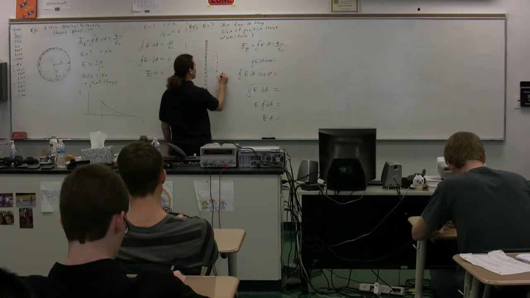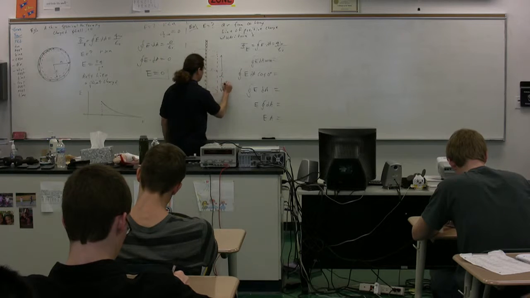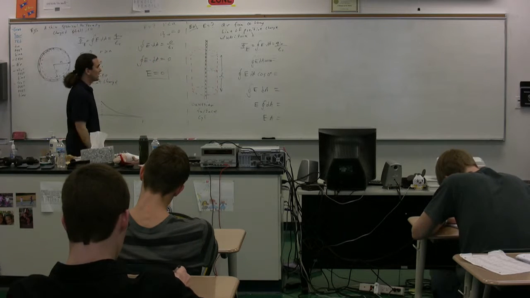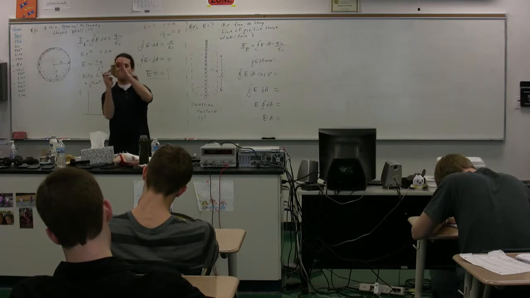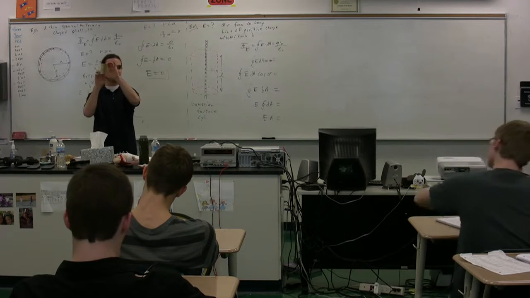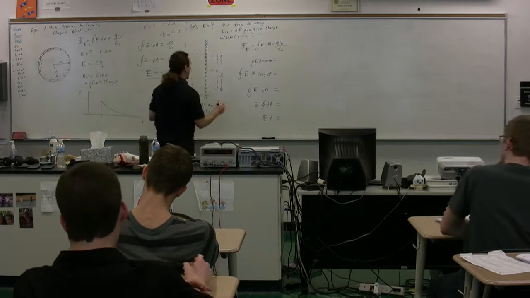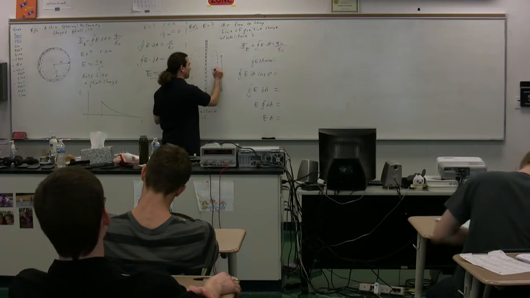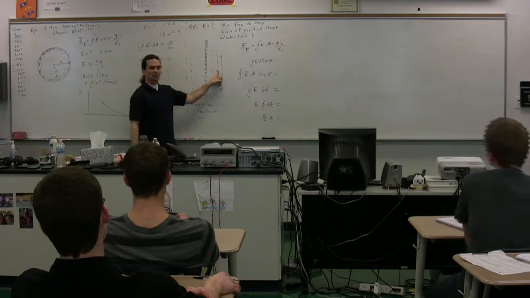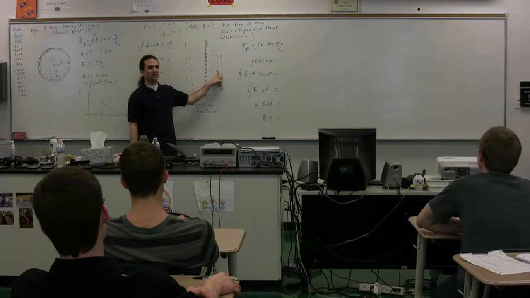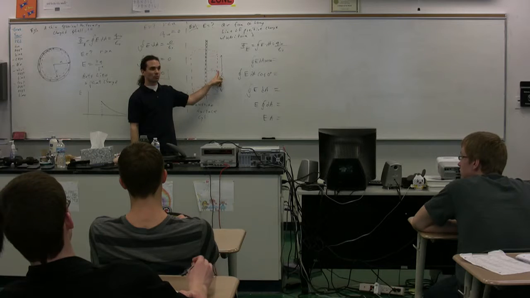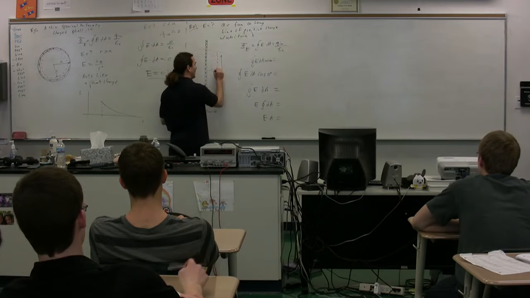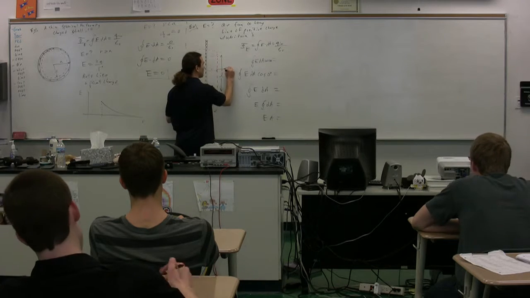Now, the cylinder is going to have a length L. When we look at the side of our Gaussian surface, that's this whole side right here, we have dA at this particular point. Please point, class, in the direction of dA. It's always outward, so dA is going to be this way.